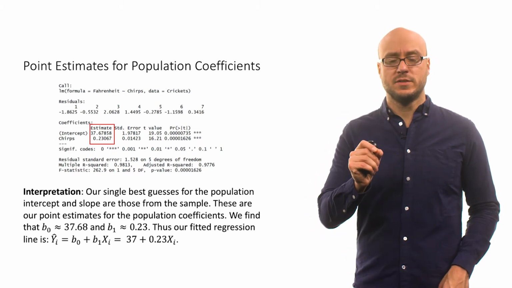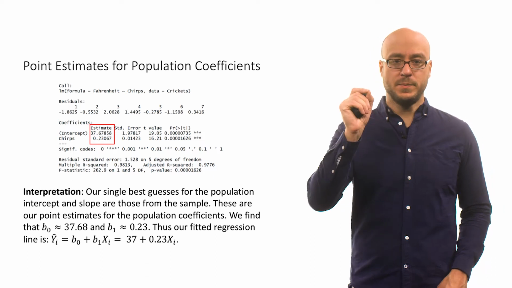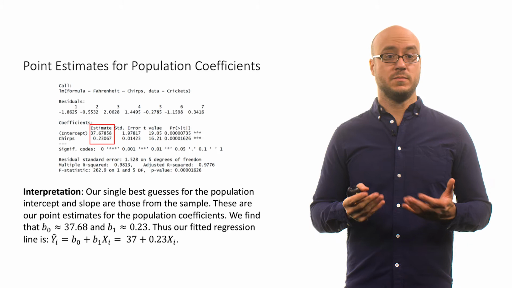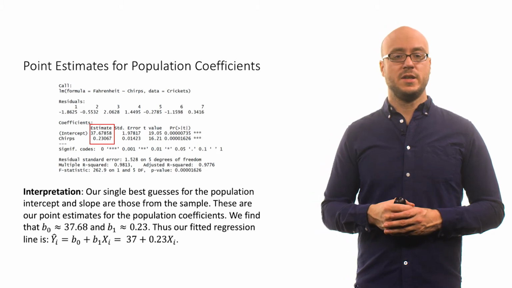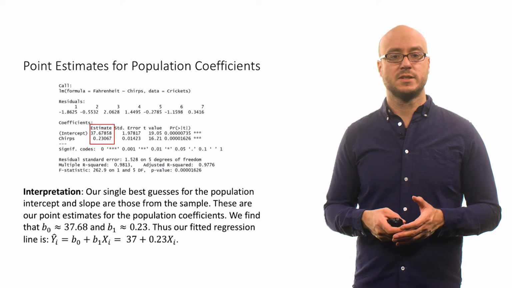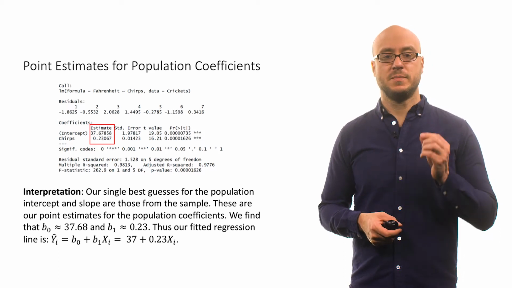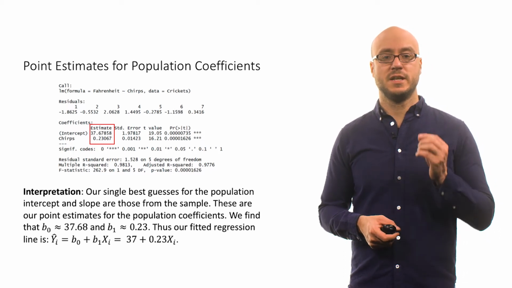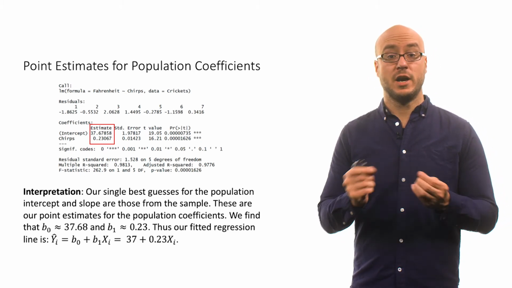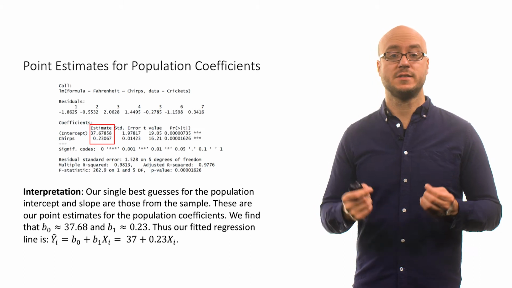In absence of additional information, our single best guess for the population slope is our sample slope. These are the point estimates. The intercept in the sample is roughly 37.68, and the slope is roughly 0.23. From these 2 values, we can construct our fitted regression line in the sample.